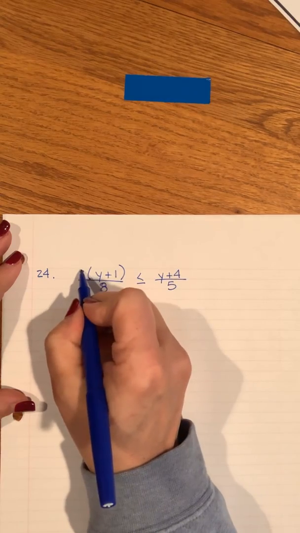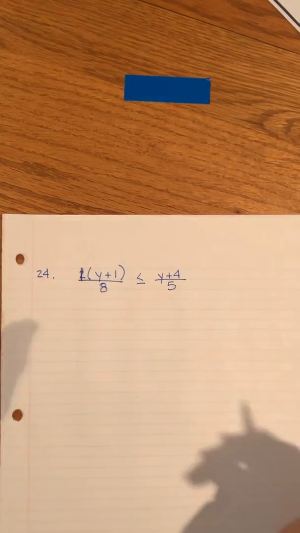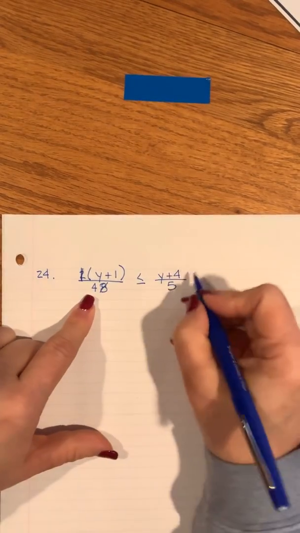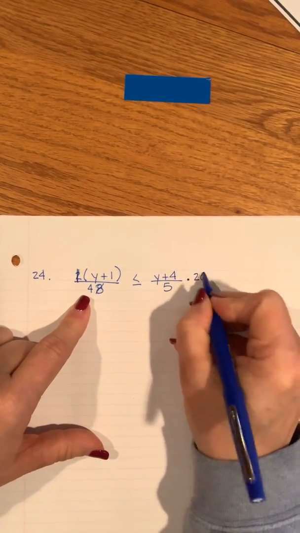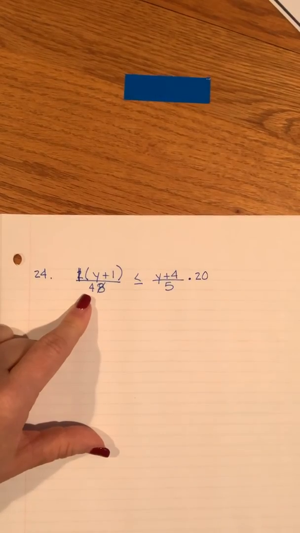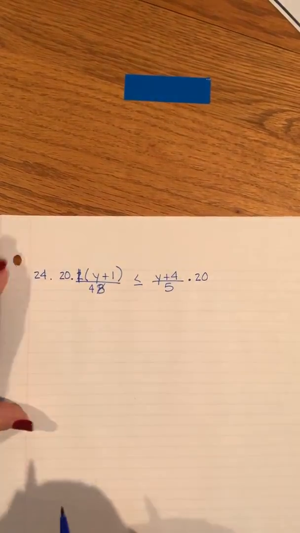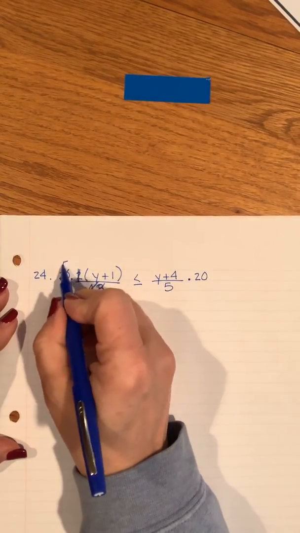So I could turn this into a 1 and I could turn this into a 4. Then when I go to figure out my common multiple, I'm going to pick 20. So I'm going to times by 20 and 20. So that cancels out and is 5.